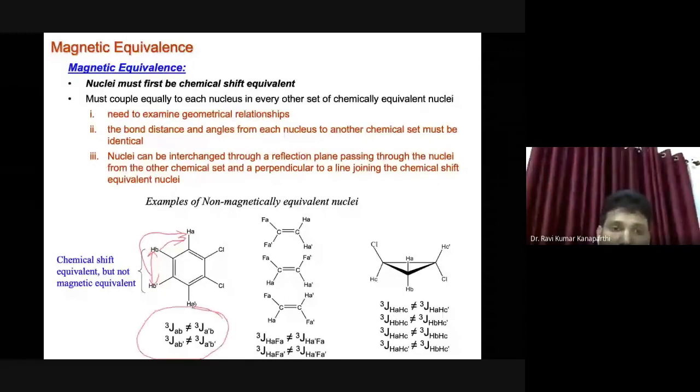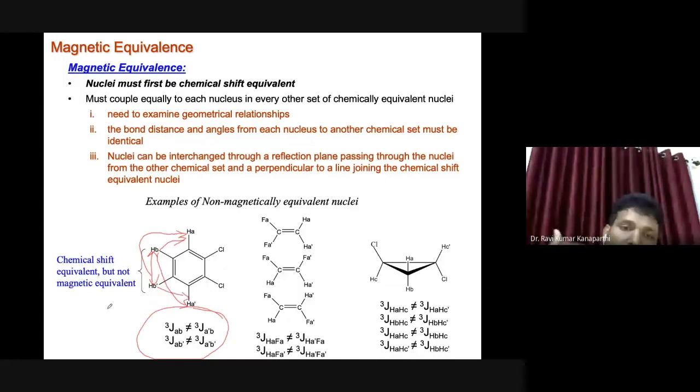Or you can take this also as an example. Suppose HB interacts with HA dash and HB dash interacts with HA dash in the same fashion. We say these two protons are not only chemical shift equivalent but also magnetically equivalent. So that's the definition and explanation of magnetic equivalence.